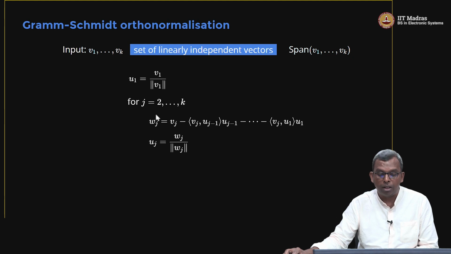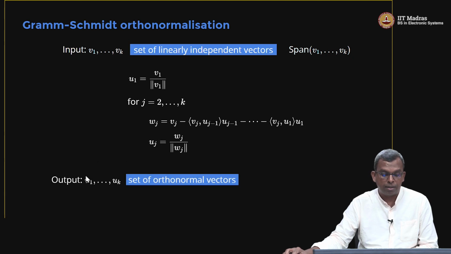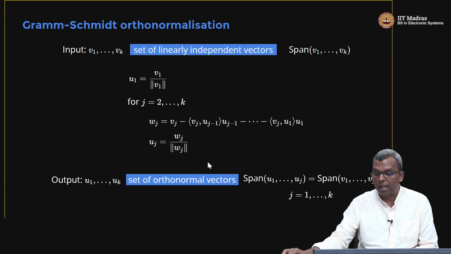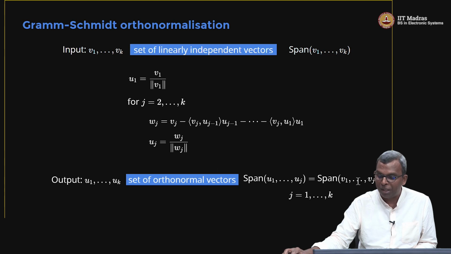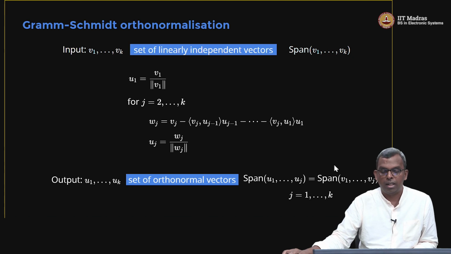And then I take this wj and normalize it, I get my uj. Okay. So, the claim finally is u1 to uk is a set of orthonormal vectors, very easy to see that, and more interestingly, for every j, span of u1 to uj is the same as span of v1 to vj. It is not just only at the final step the spans are the same, in every intermediate step also the span is the same. So, this is also very useful, it will come out to be very useful later on.